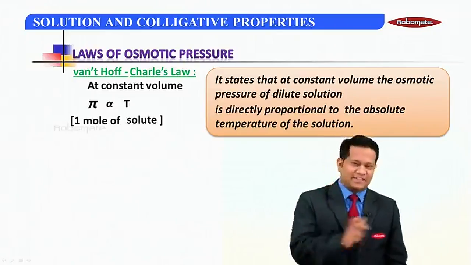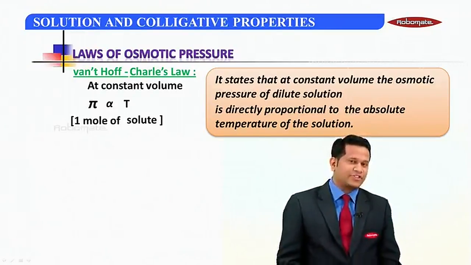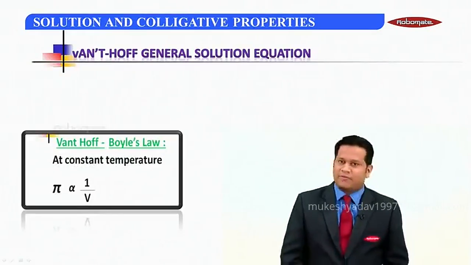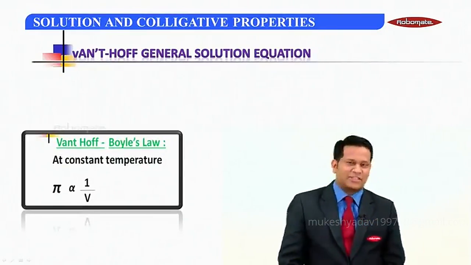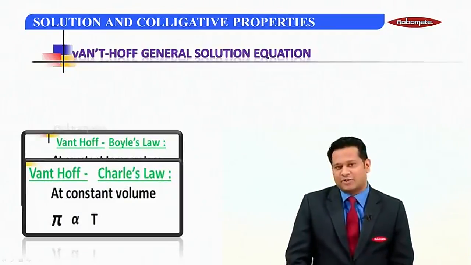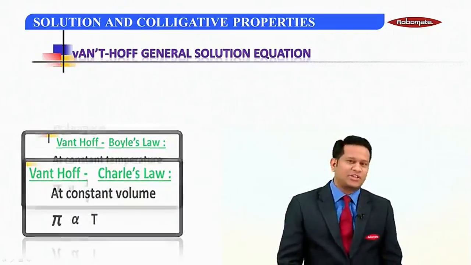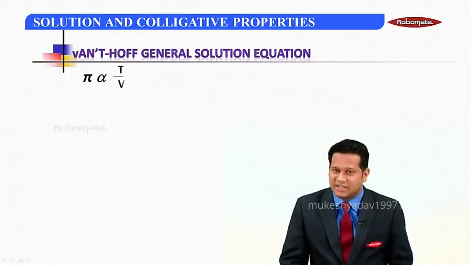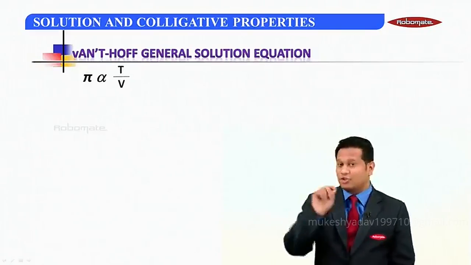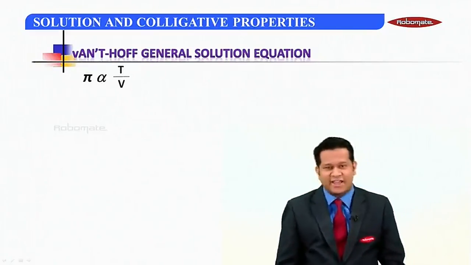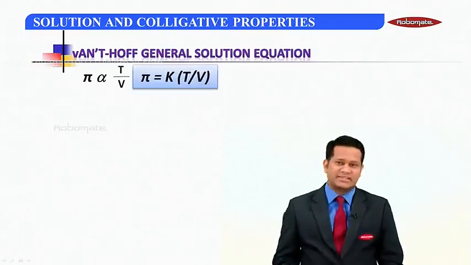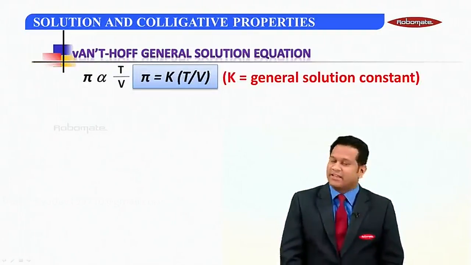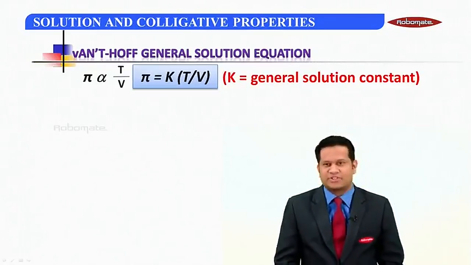Since we know now what exactly is Van 't Hoff Boyle's law and Van 't Hoff Charles law, let's go ahead with the Van 't Hoff general solution equation. Van 't Hoff Boyle's law says that pi is inversely proportional to V, and Van 't Hoff Charles law says that pi is directly proportional to T. So pi is directly proportional to T upon V. To remove the proportionality sign, I have to introduce a constant, so pi equals K T upon V, where K is a general solution constant.